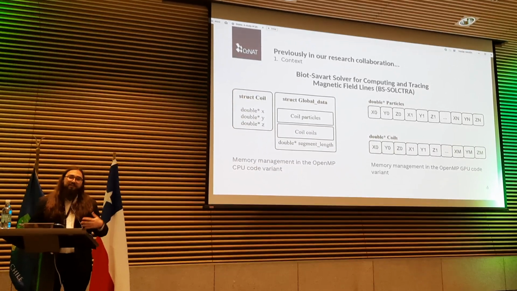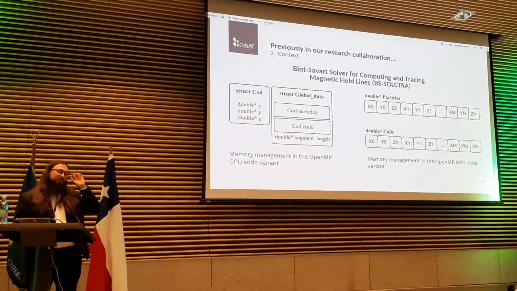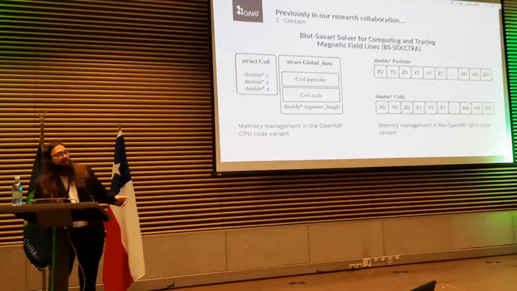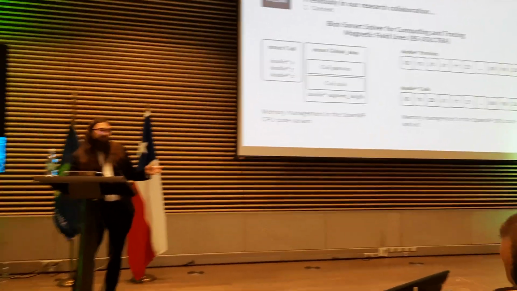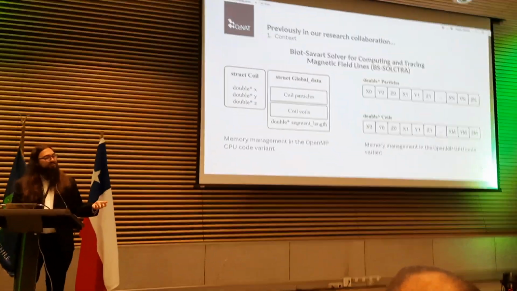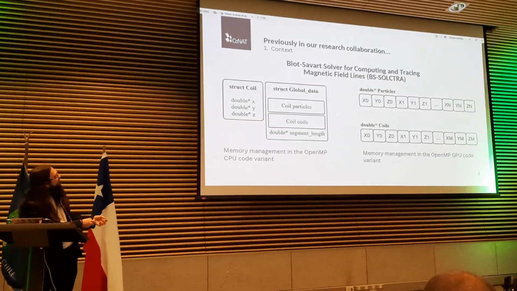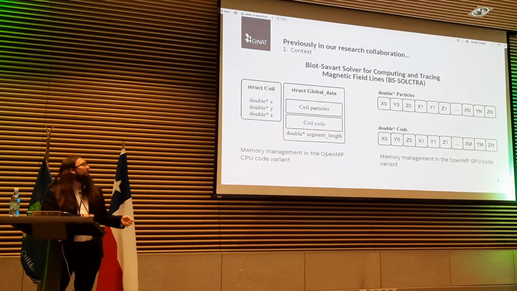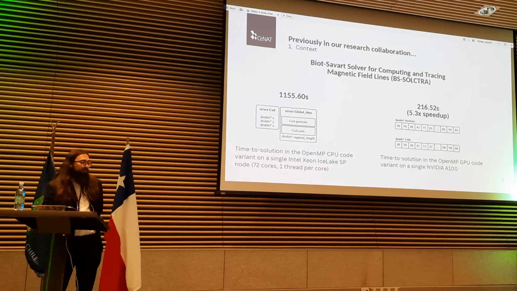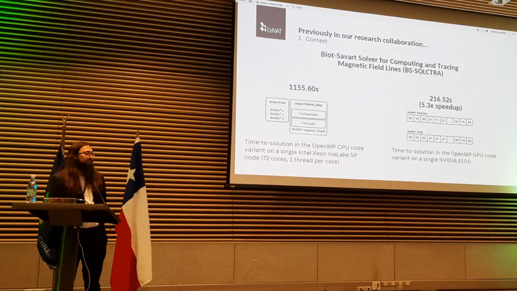And this work was then continued to port it to GPU, and for easier data transferring between devices, there was a decision made to convert all these data structures into one-dimensional arrays where each 3 spaces have the information of each single particle or coil and every data structure represented.